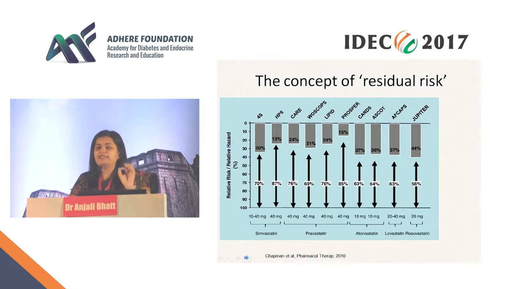But there is still something left, that is called residual risk. As Dr. Shah sir mentioned correctly, this residual risk is conferred by many factors, including your blood pressure level, blood pressure variability, and a lot of other factors. But because we are talking about lipids, in the lipid panel we are going to see how to evaluate for this residual risk. Because we have seen how to evaluate for LDL, now we are going to see how to evaluate for the residual risk which is conferred apart from LDL.